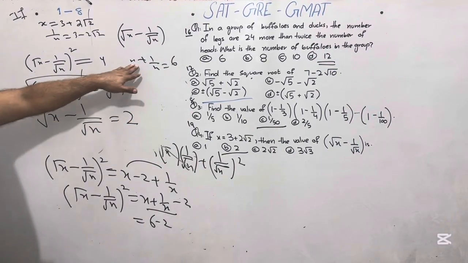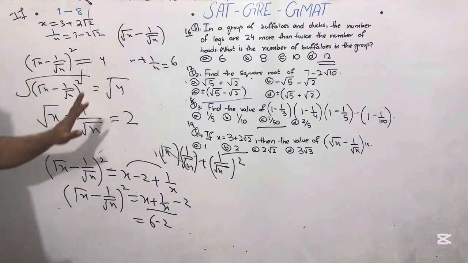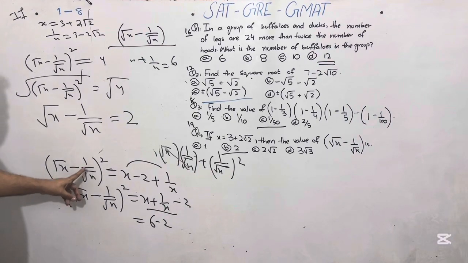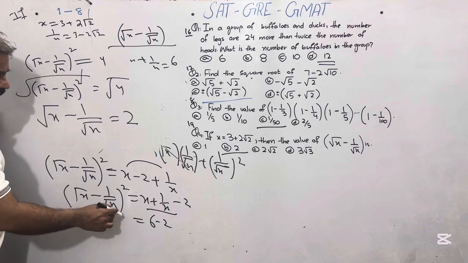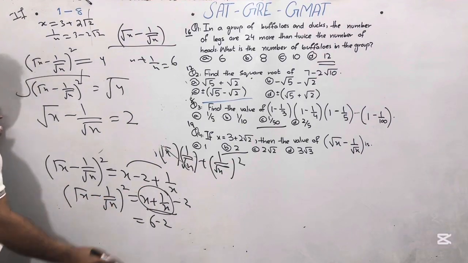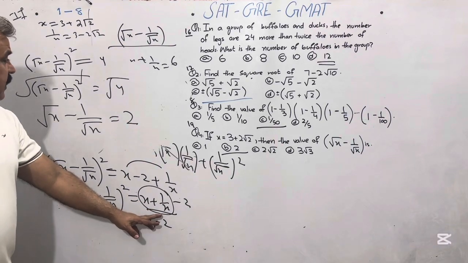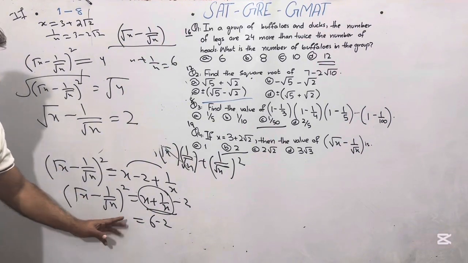It is very hard to go from x to root x. However, take the quantity root x minus 1 over root x and square it. Its square gives x plus 1 over x, and we have already prepared its value, 6.